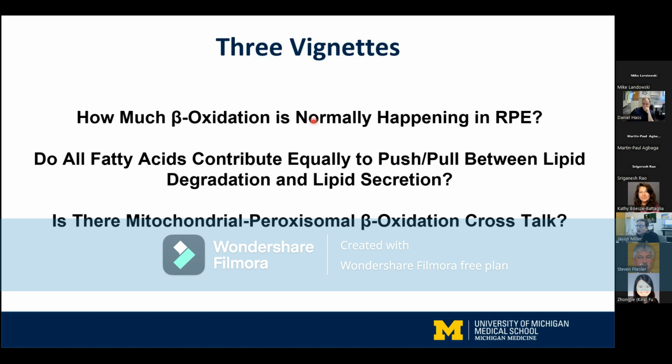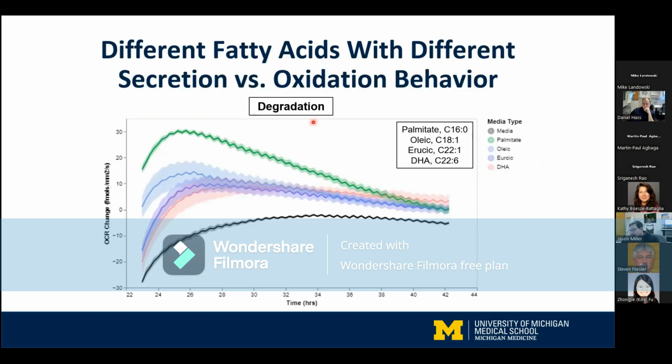Do all the fatty acids that the RPE sees equally contribute to this push and pull between lipid degradation and lipid secretion, or do some tend to favor degradation and some tend to favor secretion? So this is John Hahn's work, and I'll just show this experiment right off the bat.